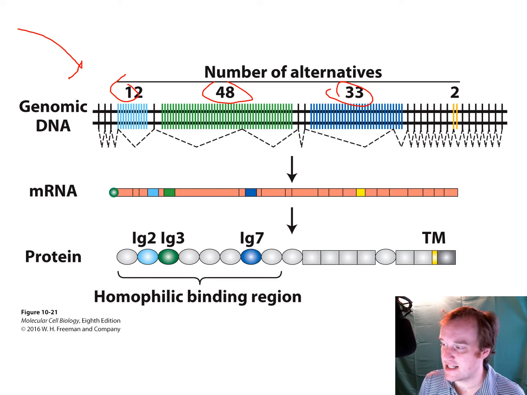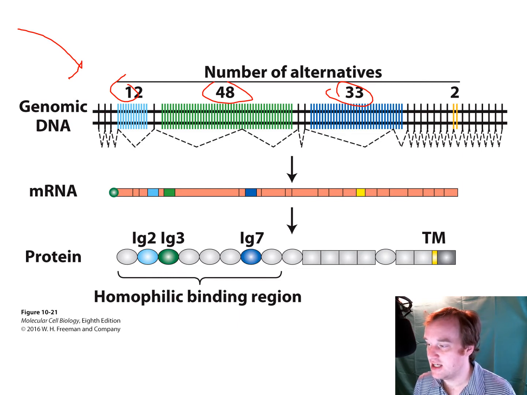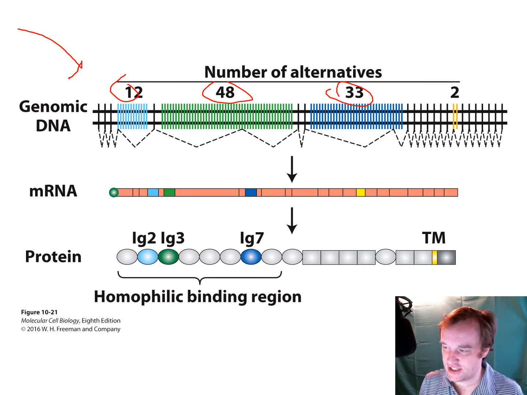The Dscam gene helps to specify tens of millions of different synaptic connections in the brain of Drosophila. As you can imagine, the brain's very complex and you need different regions and different connections, which need different proteins, and thus this gene has so many different isoforms to be able to fulfill that need of neurological development.